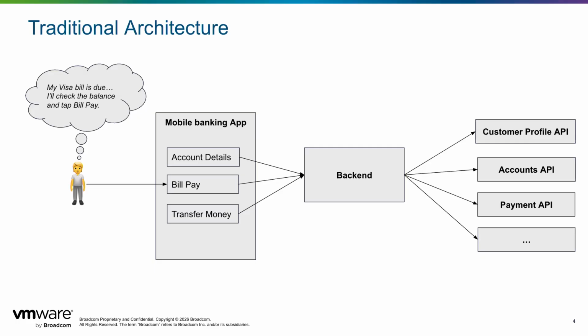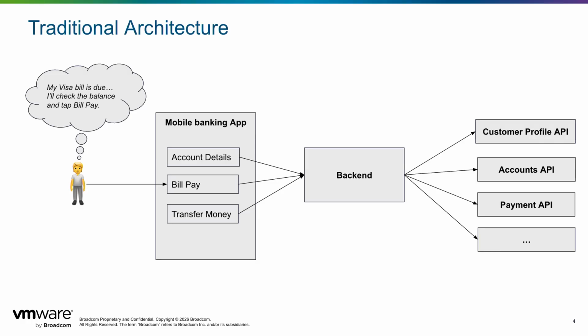With this approach, your screens would call some backend API, and that backend API usually calls your customer profile API, your accounts API, and all this type of stuff. Who has worked on a system that has an architecture that somehow looks like this?